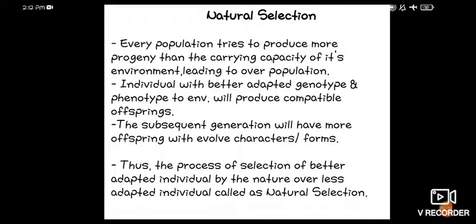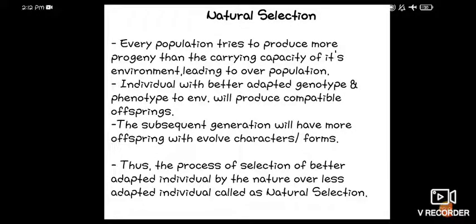So the individuals with a better adapted genotype and phenotype to the environment will produce more compatible offspring, as the subsequent generation will have more offspring with evolved characters, or the evolved forms in it.